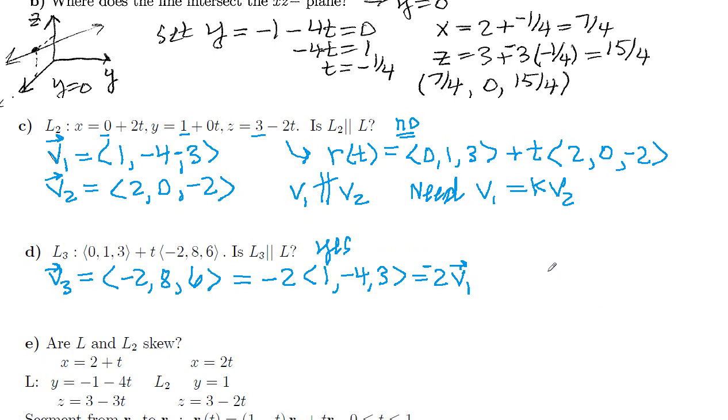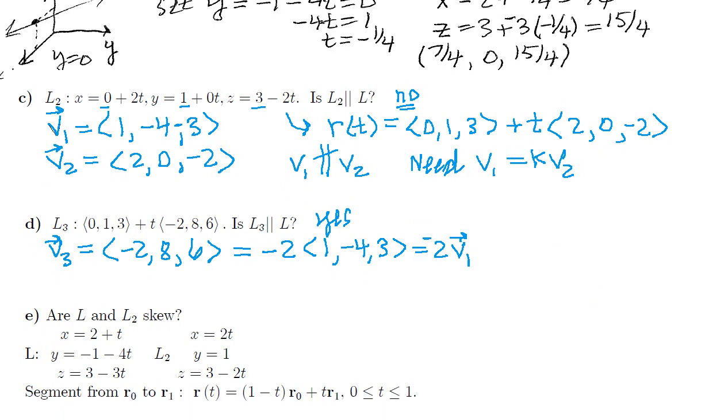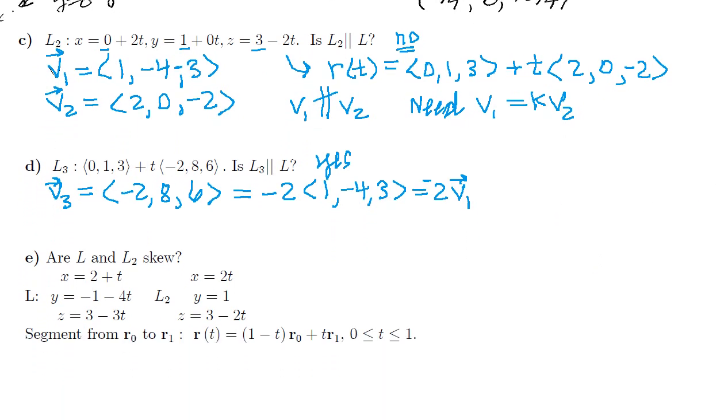So parallel lines, parallel direction vectors. The lines L and L2 up here, we said that they're not parallel. Are they skew? Skew means that they're not parallel and they don't intersect.